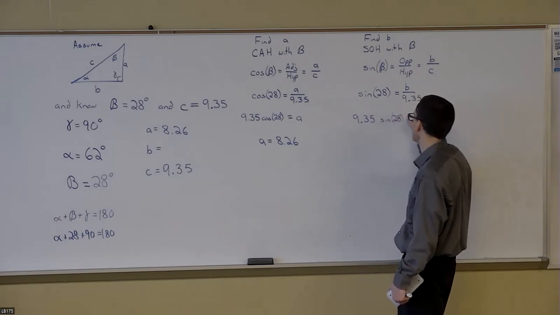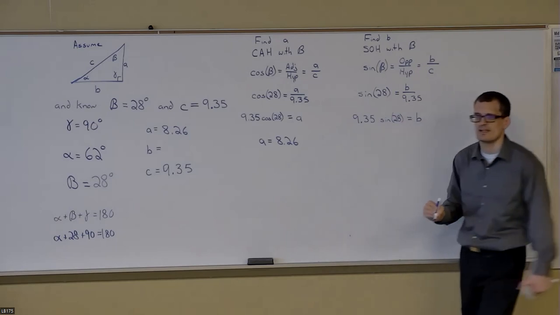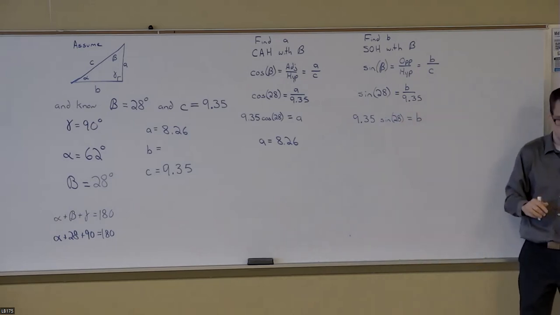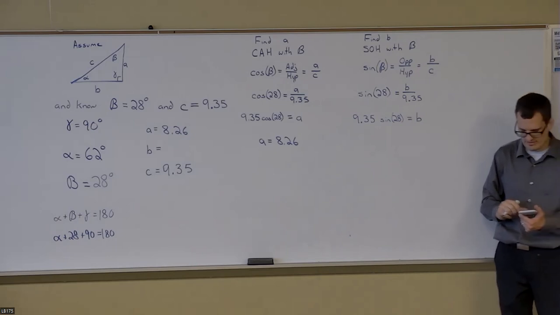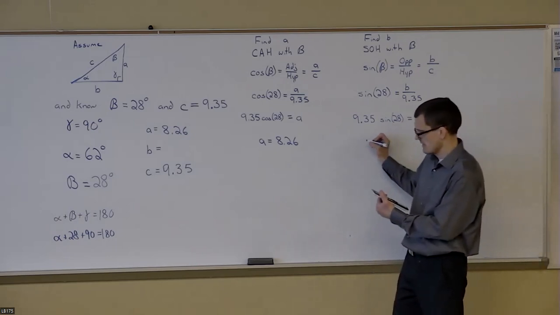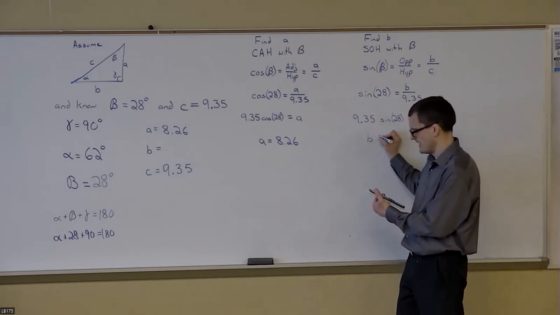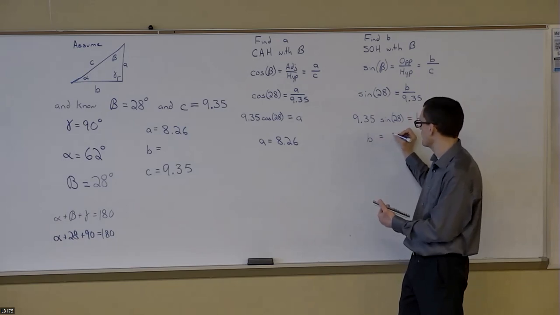Notice you always multiply by the denominator here, right, at that stage. And solve. So 9.35 times the sine of 28 degrees gives me a value of b, which is approximately 4.39.